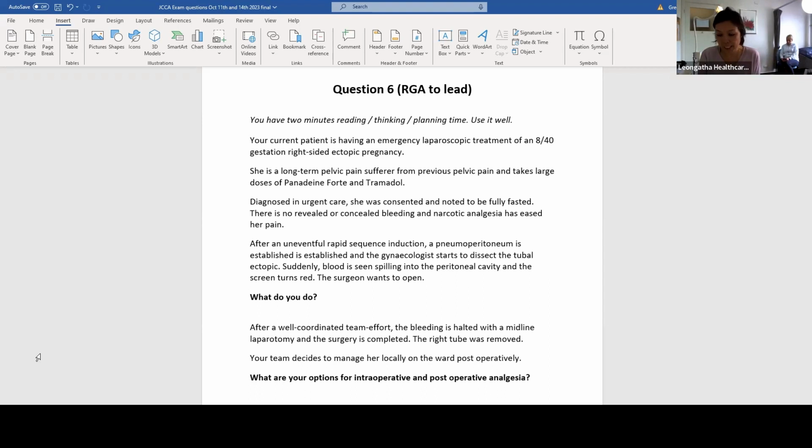Post-operatively, again, checking that she's on regular simple analgesia if there were no contraindications. She might end up on a PCA or ketamine infusion. I think it would be reasonable to give her some long-acting opioids, given her chronic pain. And she would also have some immediate release oxycodone, plus or minus tapentadol as well.